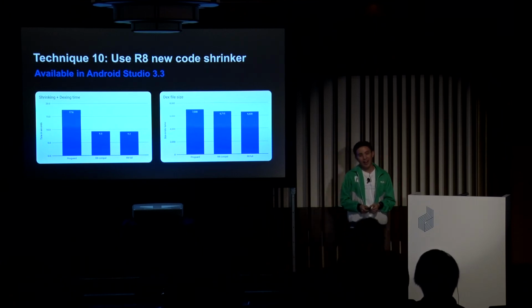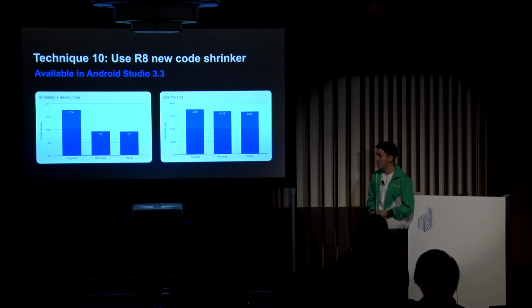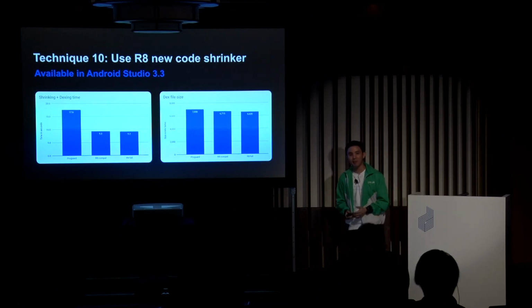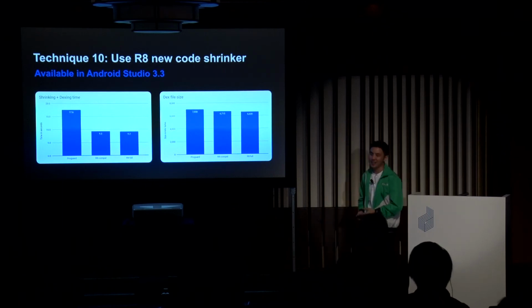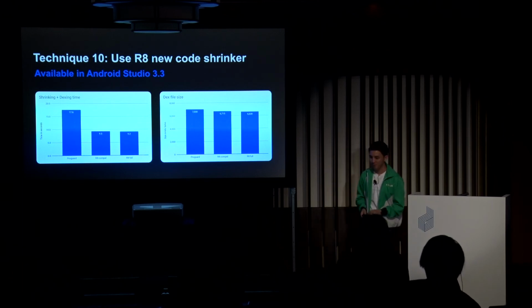In R8, they will remove unused source code and resources for you automatically. And the Android Studio team claims the dexing time and shrinking time will be faster, and the dex file size will be smaller as well.